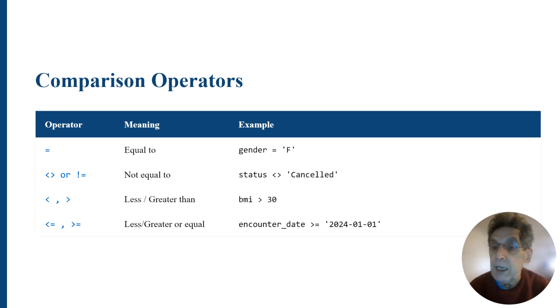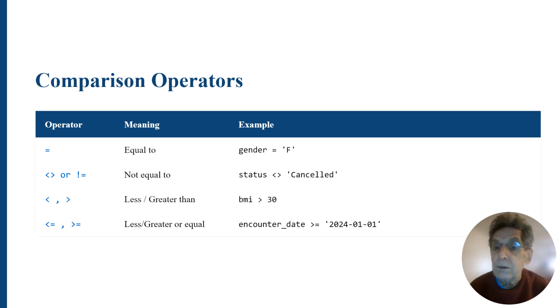The status not equal to 'canceled' returns all rows where the status is anything other than canceled. Less than and greater than work just as you expect. For example, BMI greater than 30 returns rows where the BMI exceeds 30. These work with numbers, dates, and even strings. Those string comparisons are alphabetical.